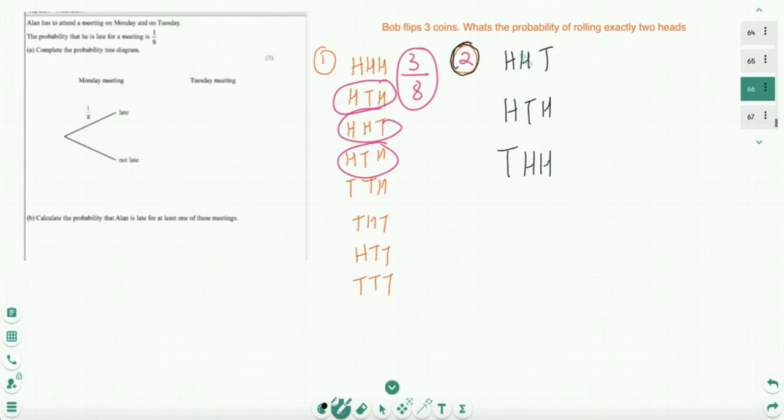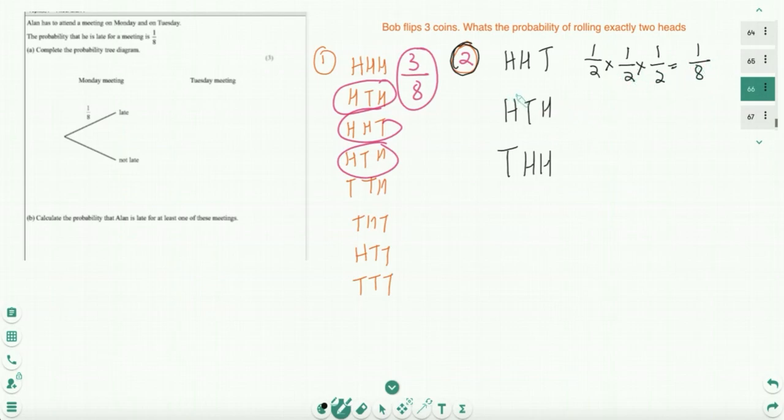Let's look at this first one only, heads, heads, tails. What's the probability of getting a heads? Well, it's 1/2, 1 out of 2 chance. What's the probability of getting a heads the second time? Also 1/2. And the probability of getting tails the third time? Still 1/2. Now to find the probability of getting a heads, and then a tails, we multiply the probabilities. So 1 times 1 times 1 is 1, and 2 times 2 times 2 is 8.